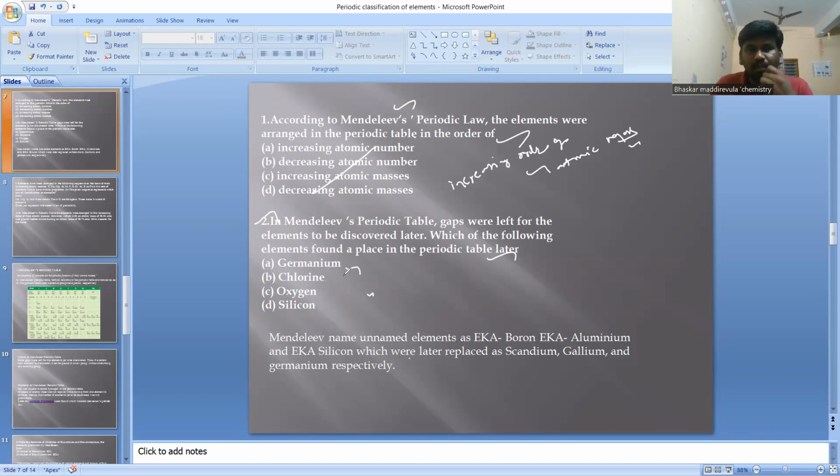Not the other elements, because those were already there in the Mendeleev periodic table.